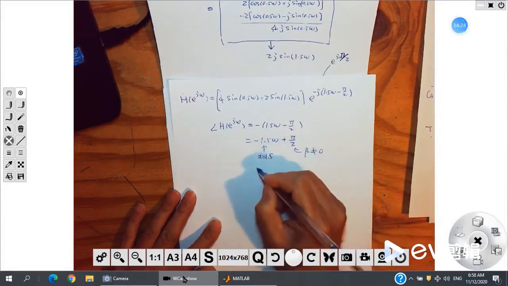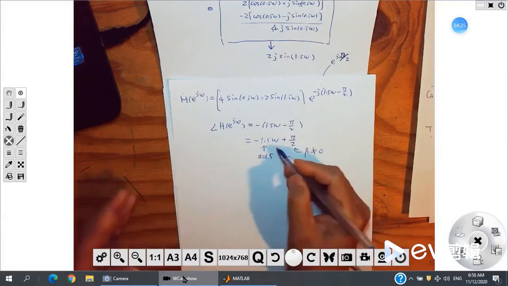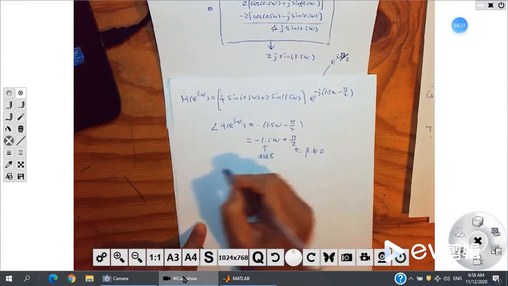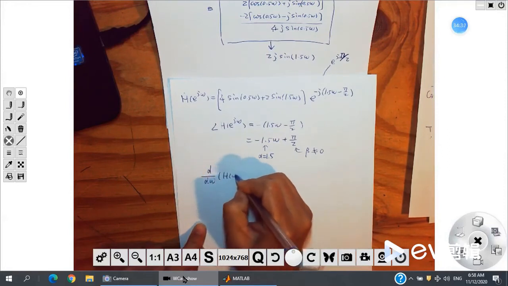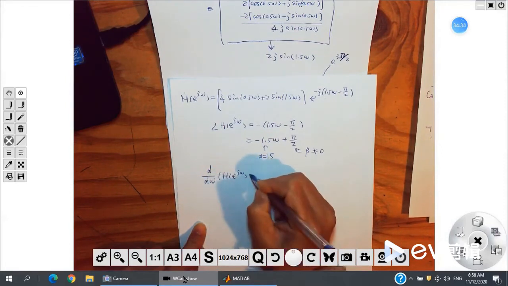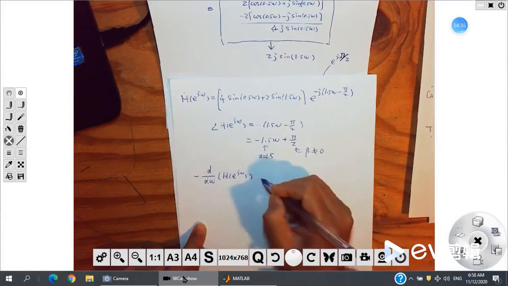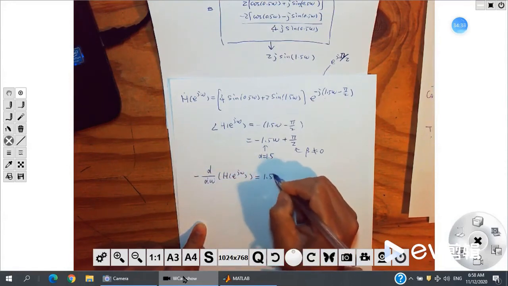So this is group delay. If you take the derivative with respect to omega, it's also the same thing, right? Derivative of these with negative, this is 1.5, the group delay.